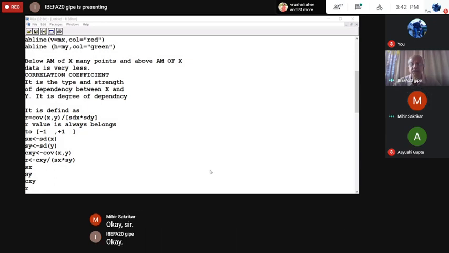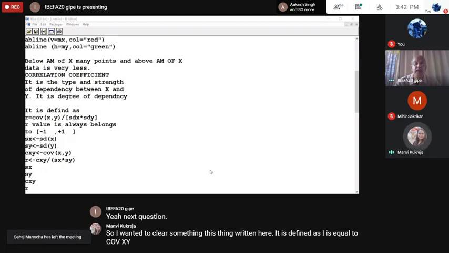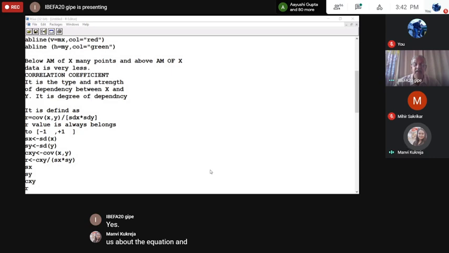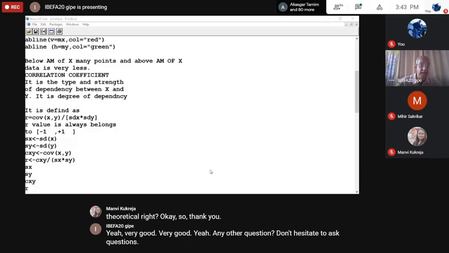Next question. Sir, I wanted to clear something. This thing written here, it is defined as R is equal to COV. This is the last part which we have run, right? After that, what you've told us about the equation and the slope and intercept, that was just theoretical, right? Yeah. Very good. Any other question? Don't hesitate to ask questions, otherwise it is very difficult.